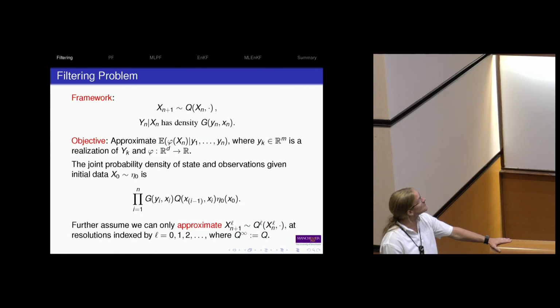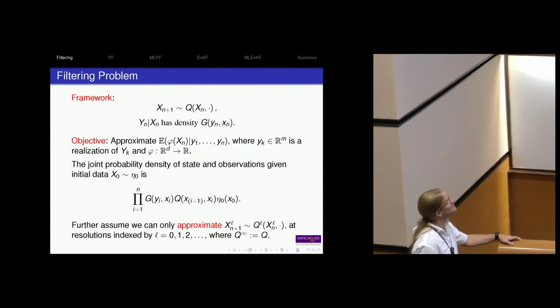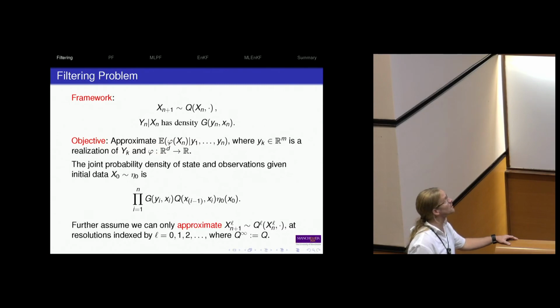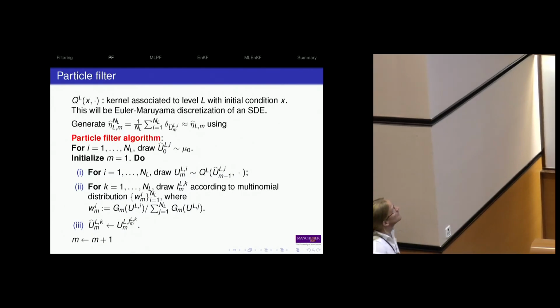We can solve that by replacing this guy here for any l or for many l's, and we'll argue that actually it's a better idea to do that for many l's in a pairwise coupled way. Okay, so particle filter then.